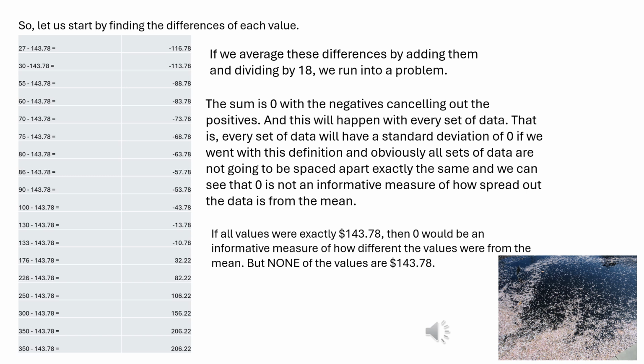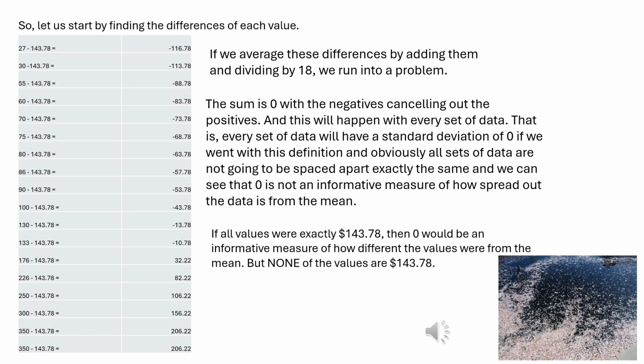So every set of data that was ever collected would have a standard deviation of 0. And again, that would not be informative. That would only be informative if we had a set of data in which every single value was what the mean was. So if you collected data and every single value was exactly the same, then that would make sense for the standard deviation. But for most sets of data, that is not the case.